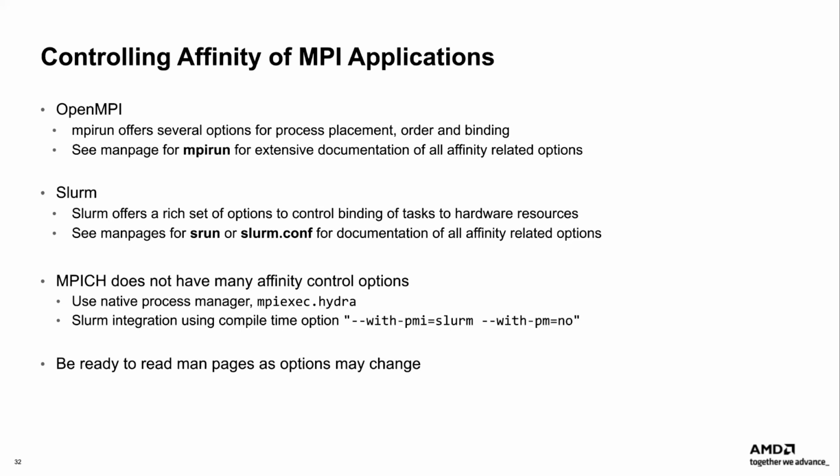The options that we show here today may not work tomorrow. Things change all the time. So the recommendation is please read the man pages. It is possible that things won't work, but it's okay. The man pages of the version that you are using are going to have the right information.